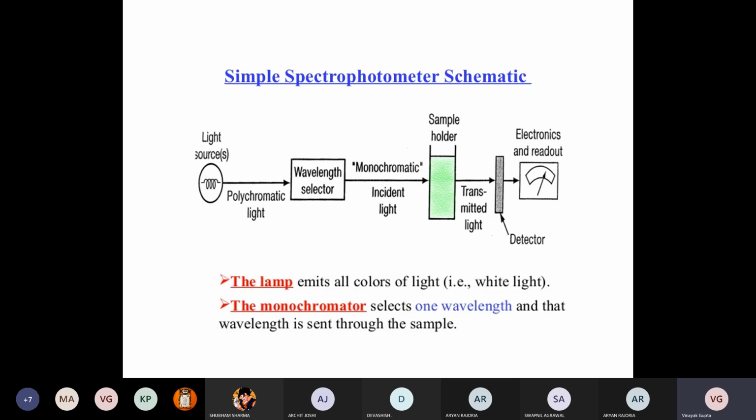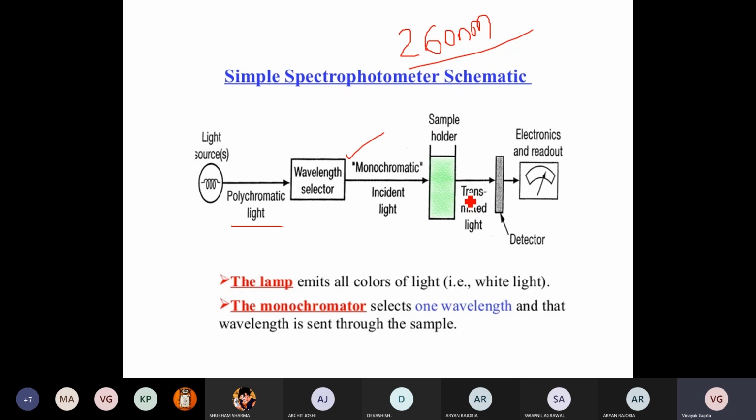This is the simple schematic of a spectrophotometer. A light source is there which produces polychromatic light. Then a wavelength selector is there because we have to set the wavelength here. We want the absorbance for DNA or RNA at 260 nanometer very precisely. Once we fix that we want light at 260 nanometer, it produces monochromatic light.